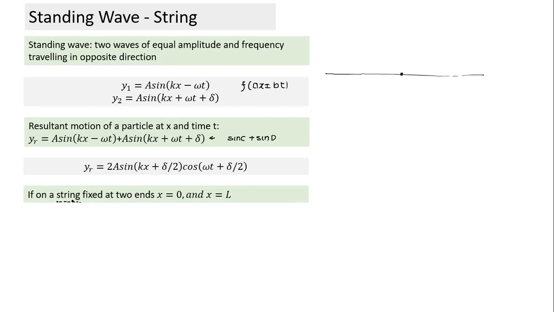If we take a guitar string or any other musical instrument, you have a wire, a string, which is fixed at two ends. When you strike a particular wire of a guitar, it emits a sound of a particular frequency.